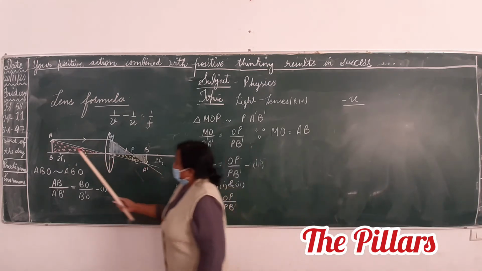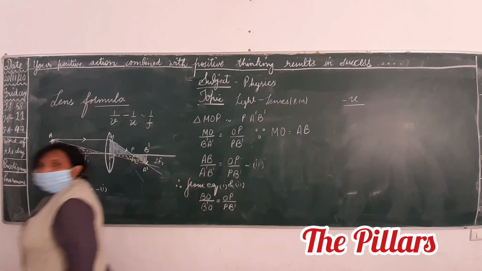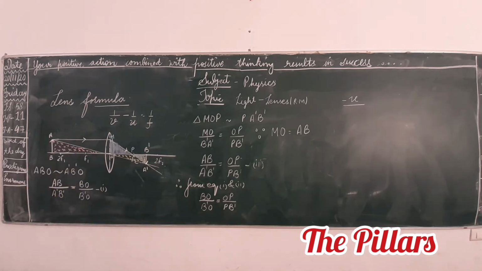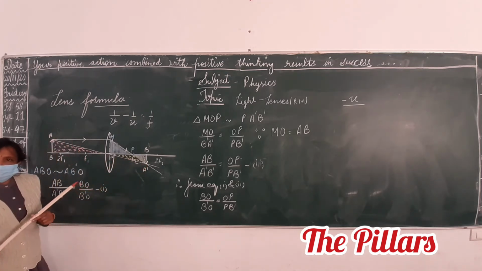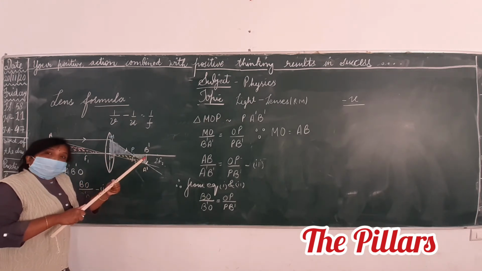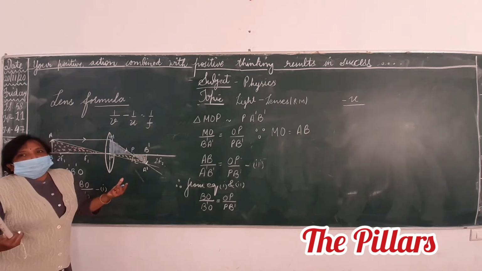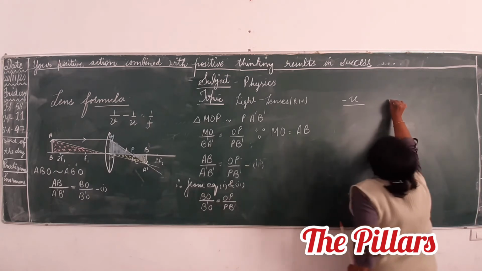Is the object placed here or here? Raj, beta, is this the object or is this the object? Then what is this, OB dash? Image distance. And you represent image distance by?